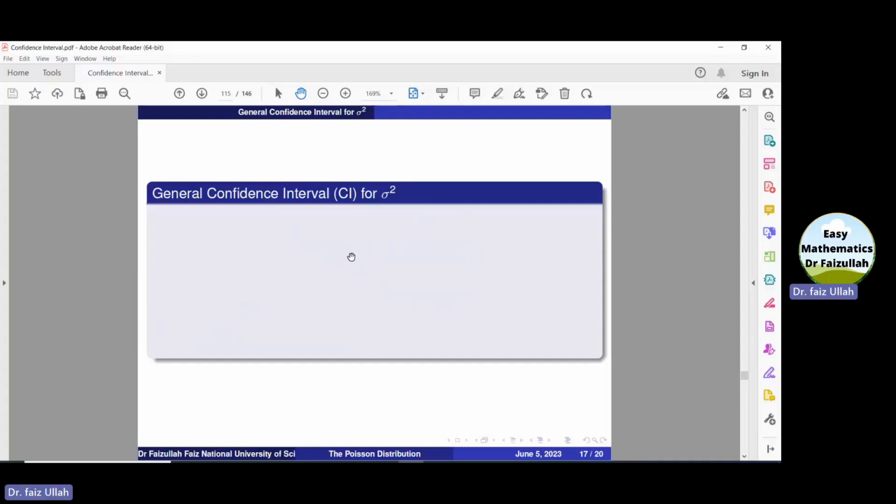For the confidence interval of population variance sigma square, it can be obtained by using this formula. Here, this notation, which is called chi-square, its value can be obtained by a special table known as the table of chi-square distribution.